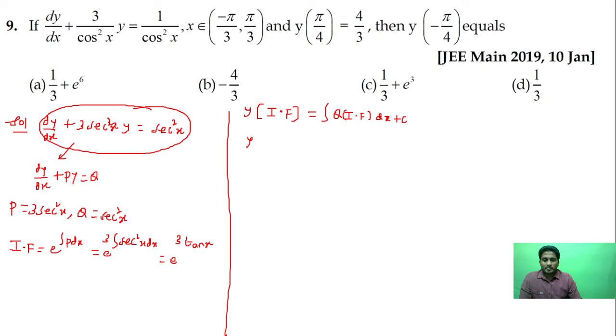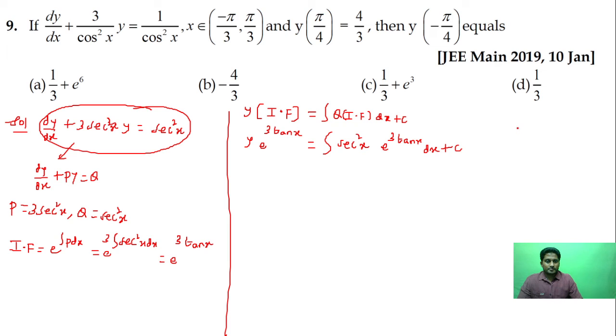So y into e to the power of 3 tan x is equal to integral of sec square x into e to the power of 3 tan x dx plus c.